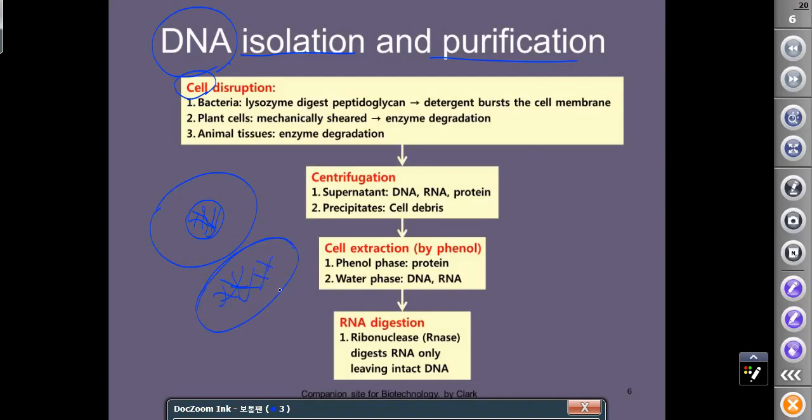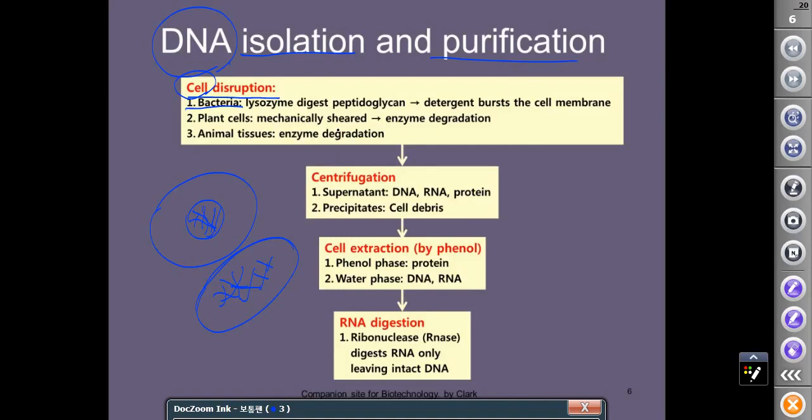But anyhow, you have to first break the cell to be able to obtain the DNA. So if it's a case with bacteria, then you have to first figure out which kind of bacteria it is. As you already learned, as I explained in chapter 1, there are two types of bacteria, remember?